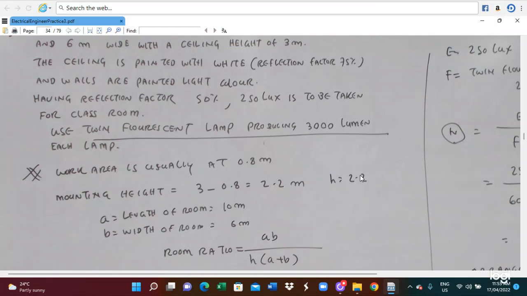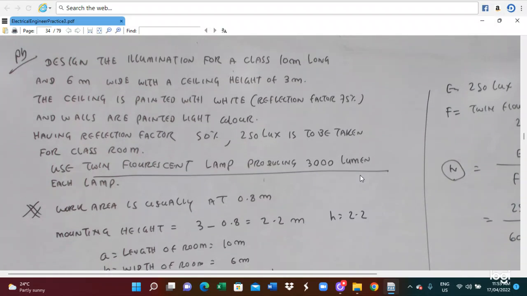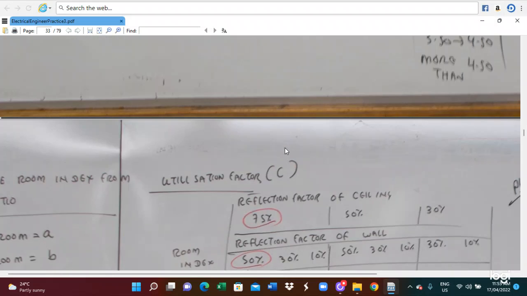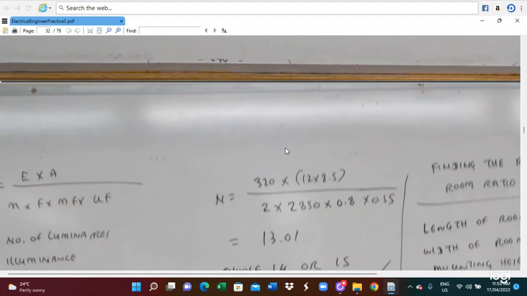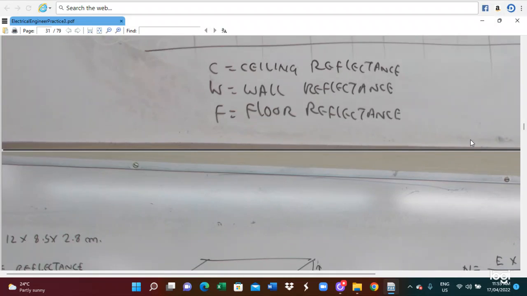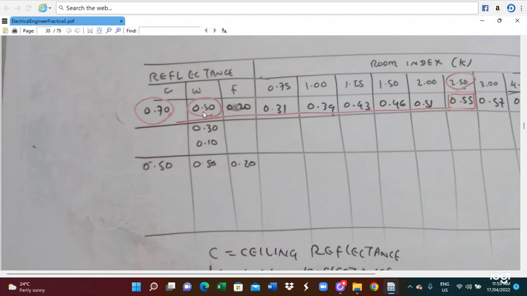So the utilization factor and the maintenance factor you can get. The utilization factor you get from this table, from the reflection value and room index.